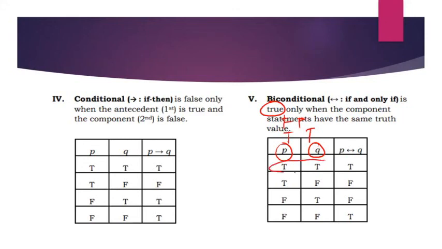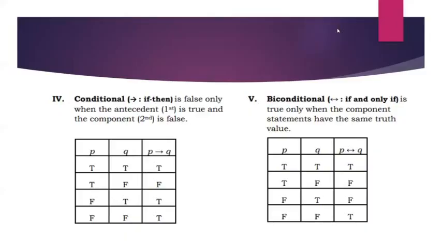So, this one, pareho silang true. So, ang output nila is true. Dito, hindi sila magkapareho ng truth value. So, false siya. Ito, hindi sila magkaparehas ng truth value, so false. Ito, magkapareho sila ng truth value, pareho silang false. Kaya, yung output nila is true. So, no matter what happened, basta parehas ang truth value nilang dalawa, automatic true. Okay? So, yan yung biconditional.